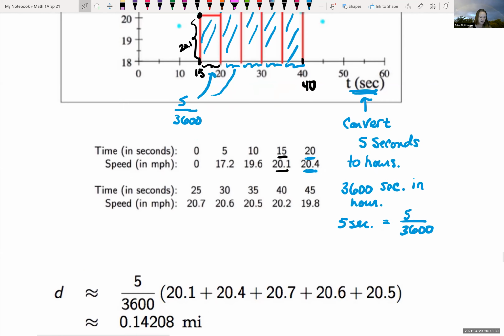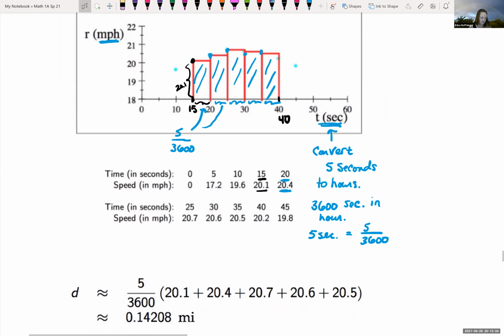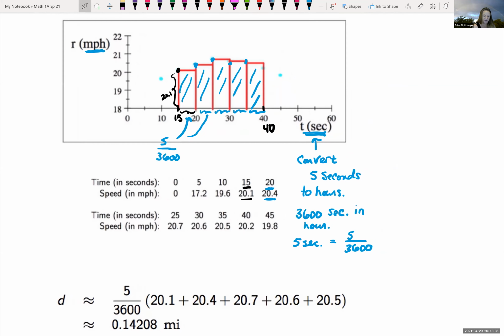So if you do that, we can pull out the base because each of these has the same base for the area. So we can factor that out. So that's 5 over 3,600 times the speed at that left end value for those 5 intervals.